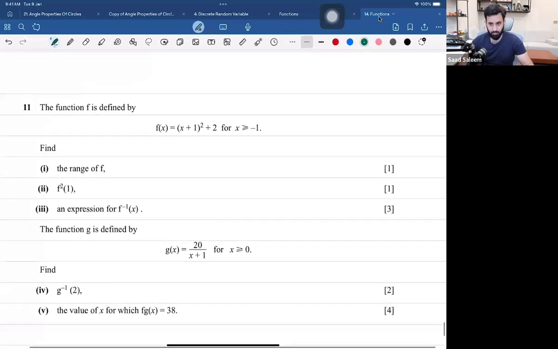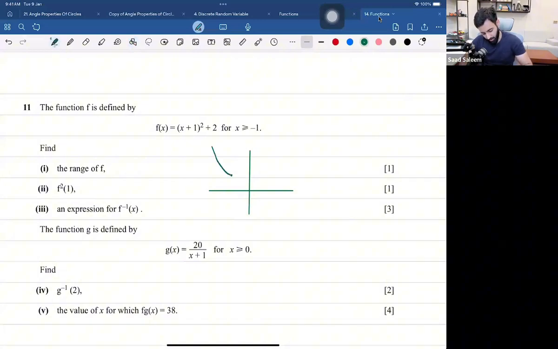If you didn't make a sketch, then I can't guarantee whether you'll get it right or not. So we're looking at a quadratic curve which is turning at -1, 2. ठीक है, क्या देख रहे हैं हम एक quadratic curve देख रहे हैं which is turning at -1, 2. Even if it's a 1-mark question, please make sure that you make a sketch.